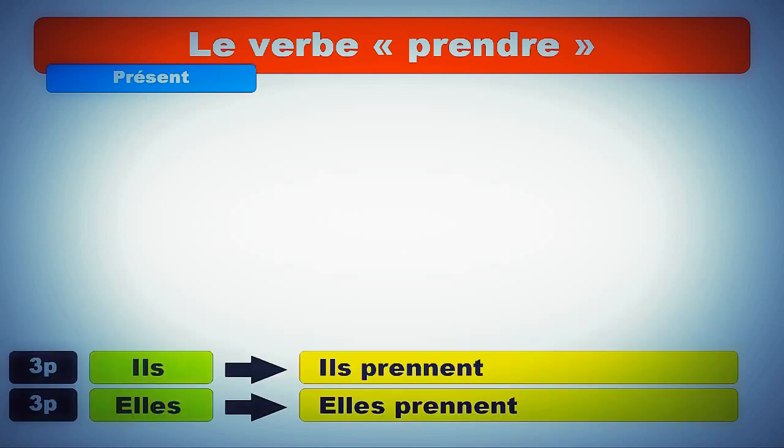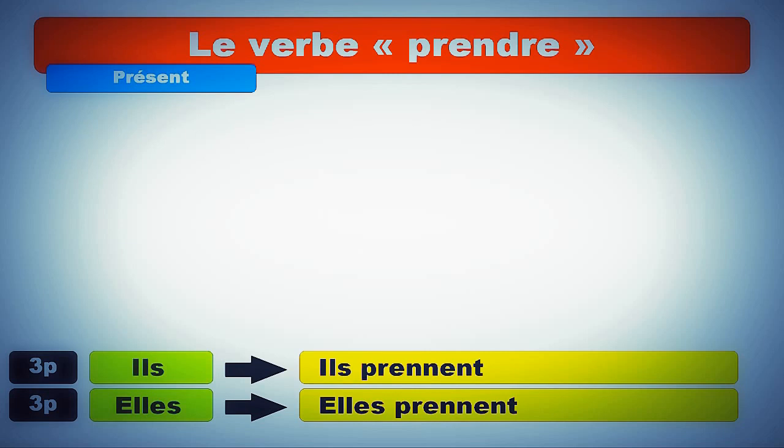Okay, and then finally, ils and elles in the plural form. So, ils prennent. Repeat. Ils prennent. Okay, so you can notice that the first E of prennent is pronounced like eh. And the reason for that is that you've got a double N after that, so it changes the pronunciation of the E, okay?